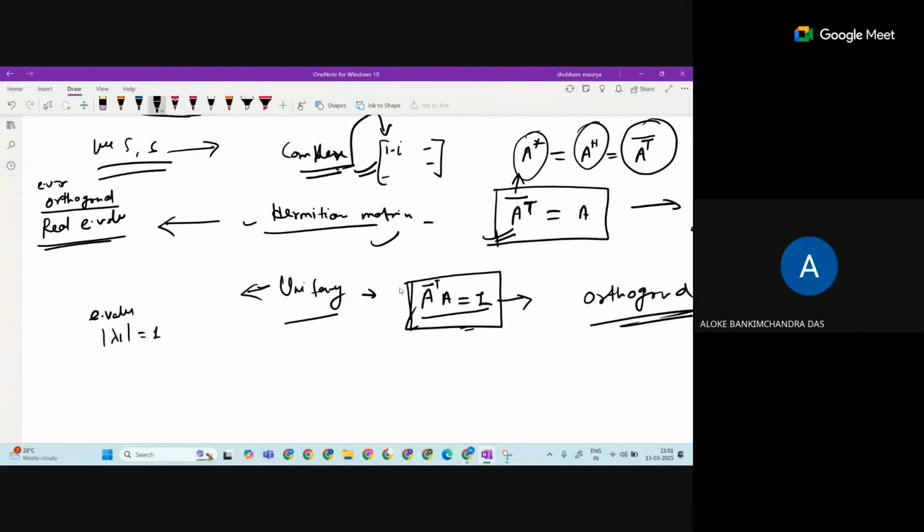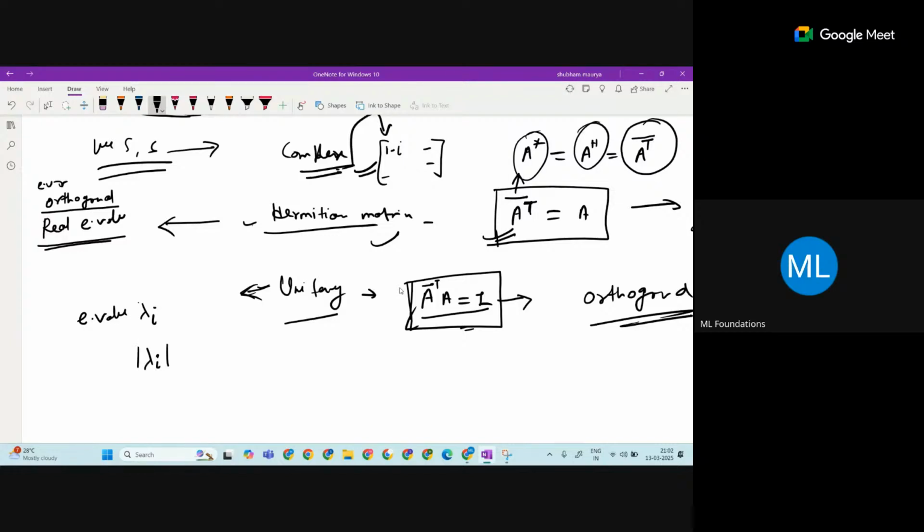Sir, could you please repeat the property of unitary? Here the property of unitary is that if you find the eigenvalues lambda 1, lambda 2, whatever, for any eigenvectors you are finding, take the absolute value.